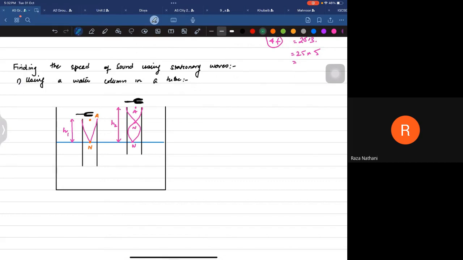Okay, kids. When you're looking at this, just write: adjust the length H1 till you hear a loud sound.